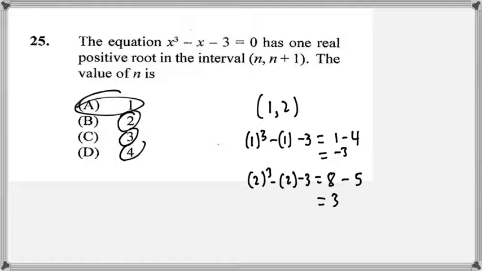But I will not be going through those because I feel that might be wasting a little bit of time. Because there's a sign change, negative 3 to positive 3, n is equal to 1, we go in with that.